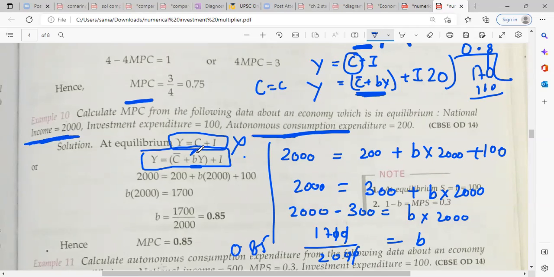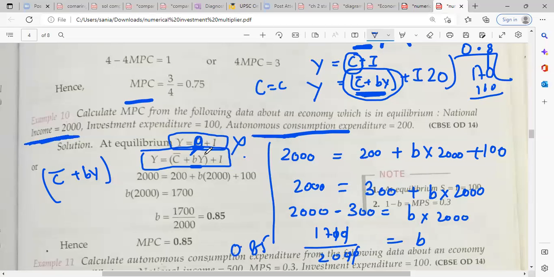I have to check in my notebook. In my notebook, it's C equals C bar plus BY. That's correct. See, the formula is Y equals C plus I, but they are talking about autonomous consumption, so you will expand the C in this part. Instead of this C, you write C bar plus BY, because they have asked you autonomous consumption.